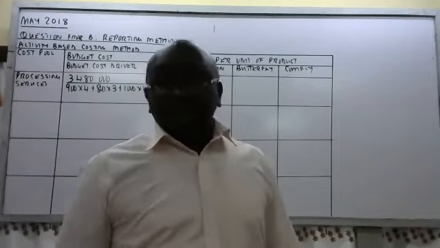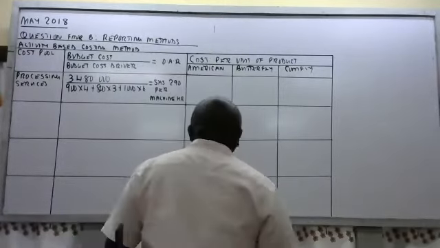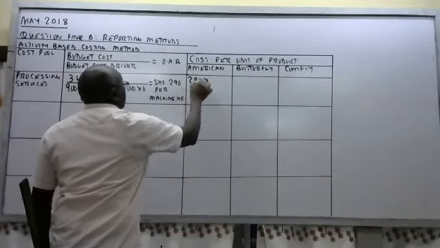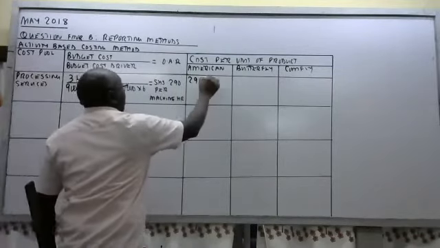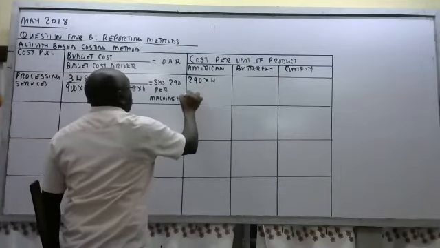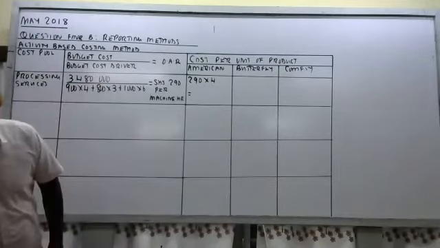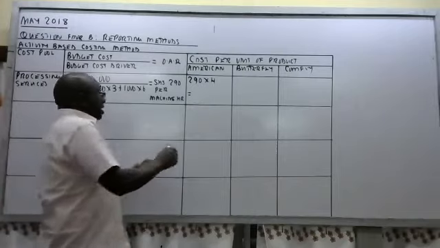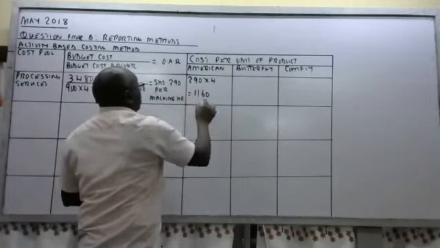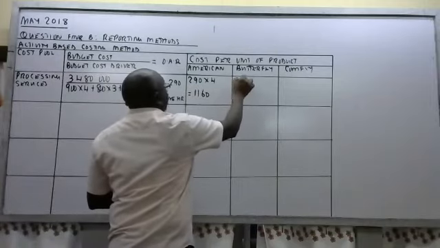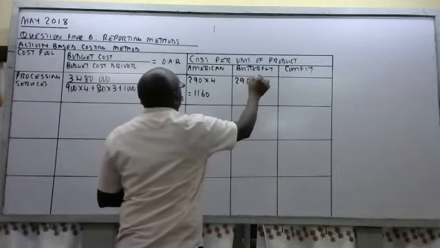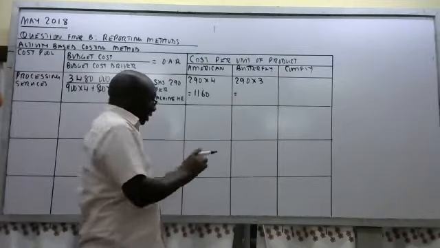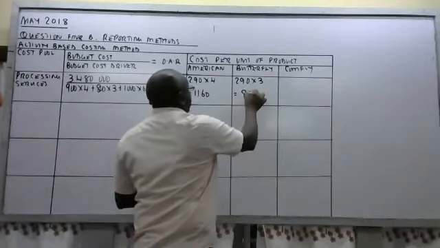So when you're told to get per unit, you take these 290 and multiply by the machine hours. 290 times 4 is 1160, and then 290 times 3 for butterfly is 870.